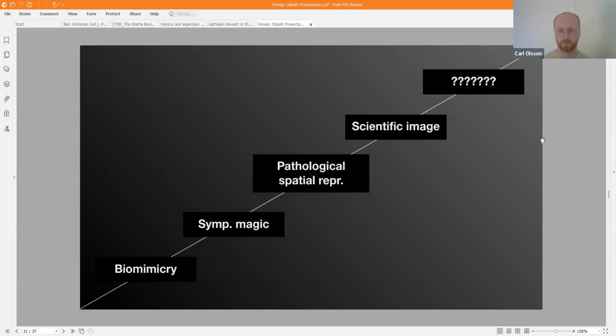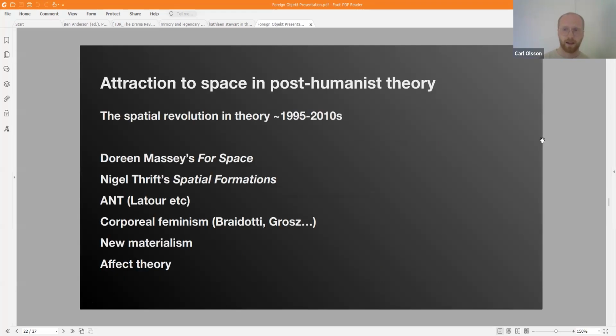So the question is, can we go even further than this in our diagonal line? I think maybe we can.